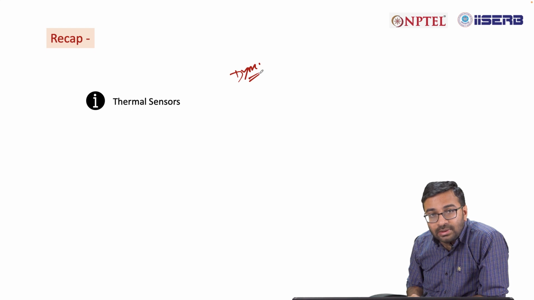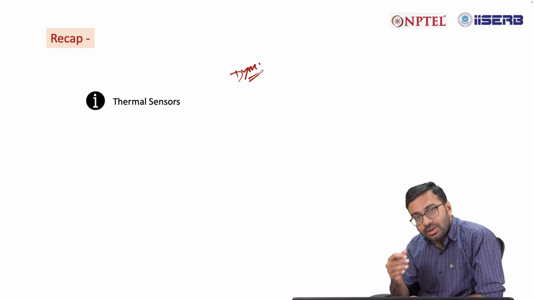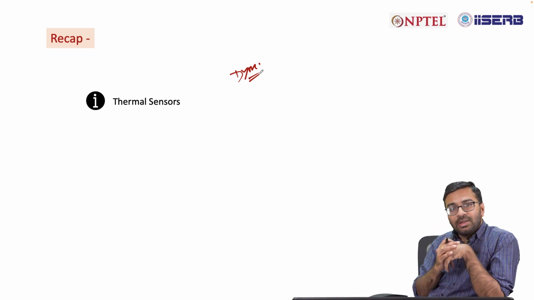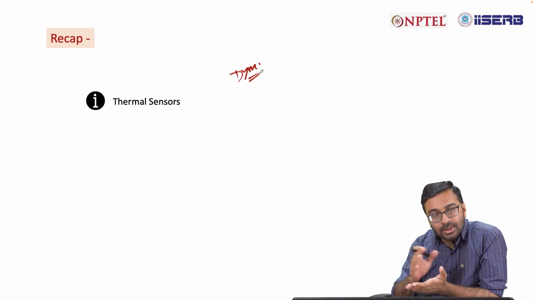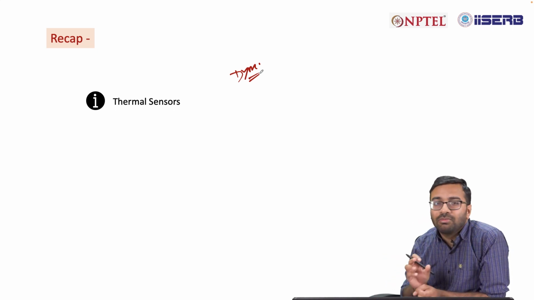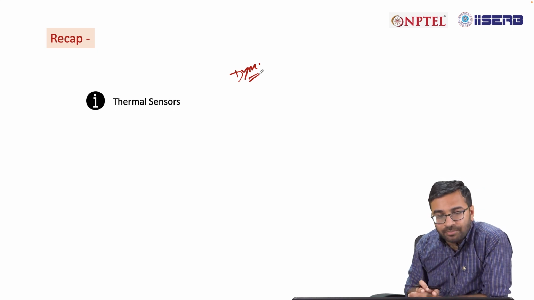and finally we concluded that even in dynamic condition or in static condition, it is very difficult that the sensor temperature will ever reach the object temperature. So, it is very difficult that the sensor temperature will be equal to the object temperature.